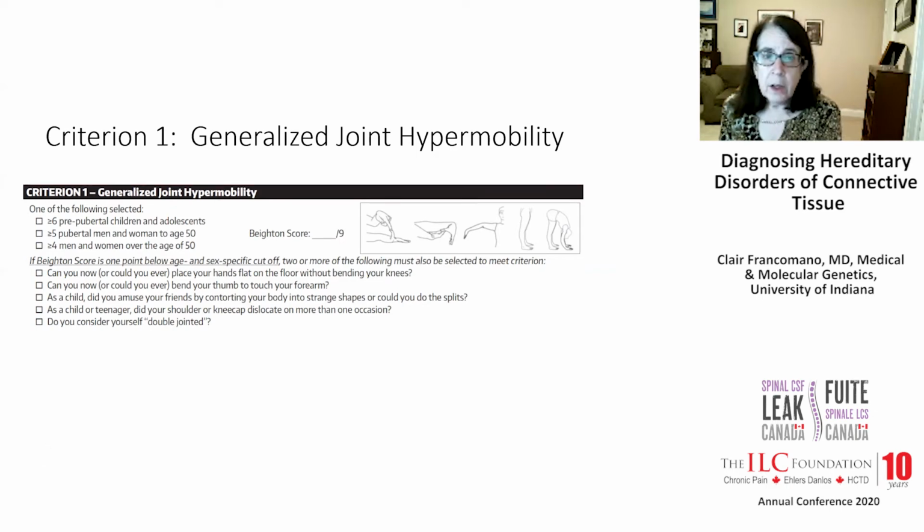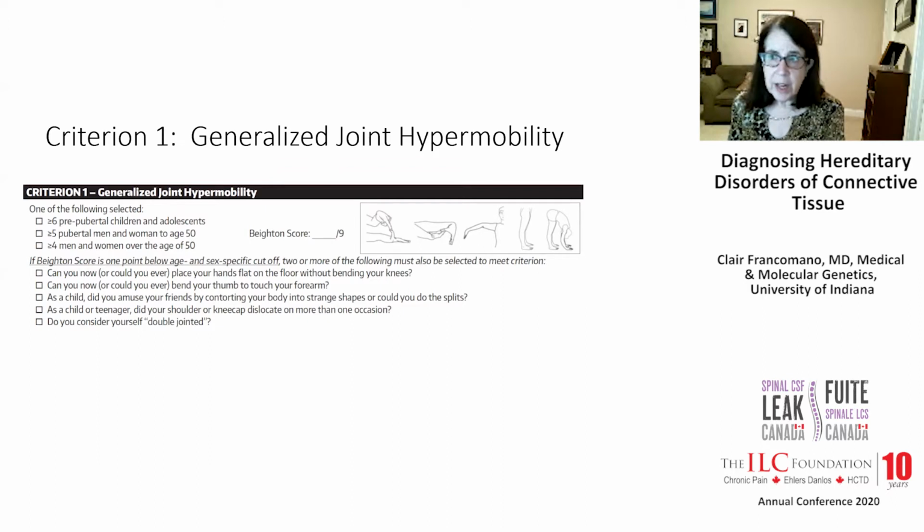When the committee was considering the diagnosis of hypermobile EDS, they included a five-point questionnaire to augment the Beighton score assessment for generalized joint hypermobility. So we ask these 5 questions.